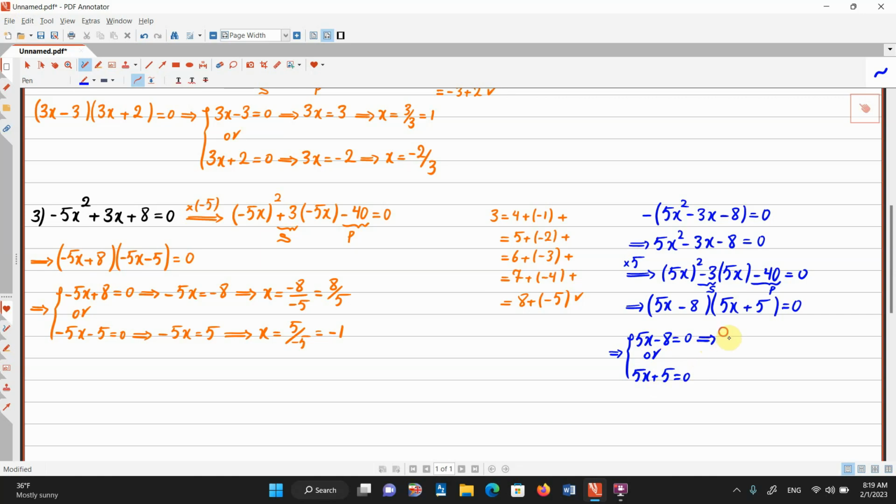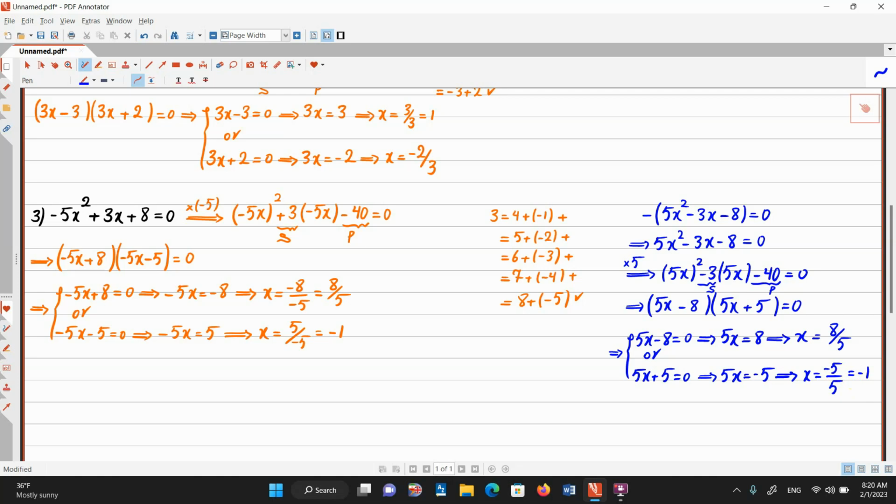Doing the first one will result in 5x equals 8 and dividing both sides by 5 will give us x equals 8 over 5. And solving the second linear equation will result in 5x equals negative 5. And finally, x will be negative 5 over 5, which would be negative 1.